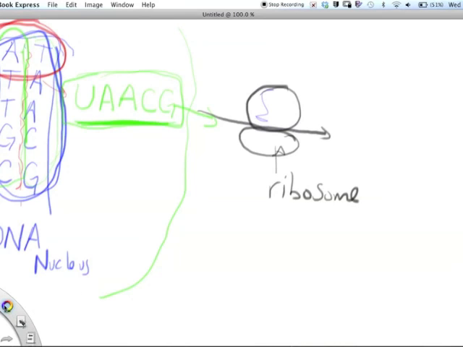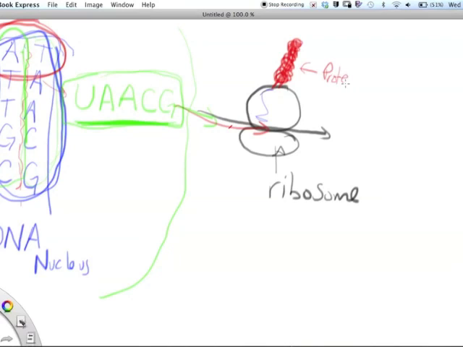So this goes through and you end up with your protein coming out like so. So this goes through and is read and makes your amino acid sequence here. So this is your protein.